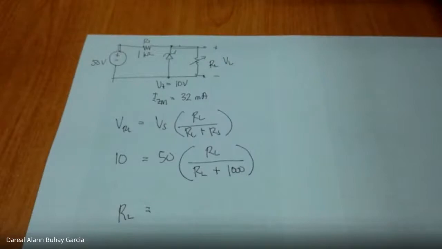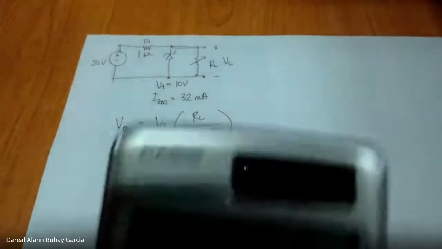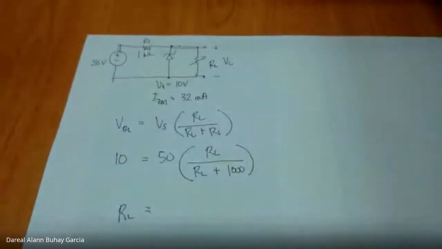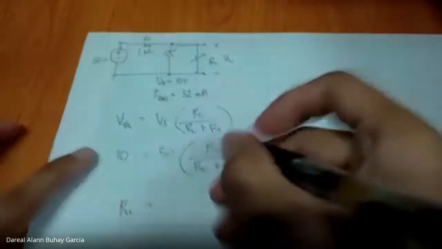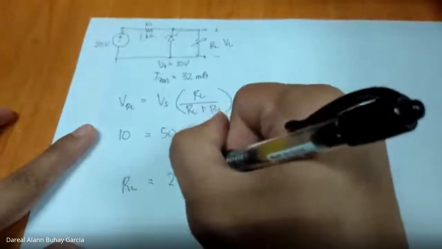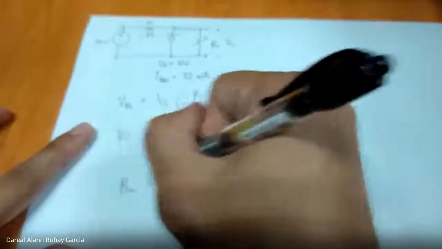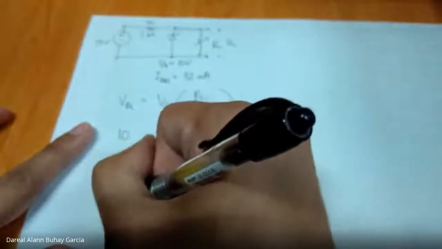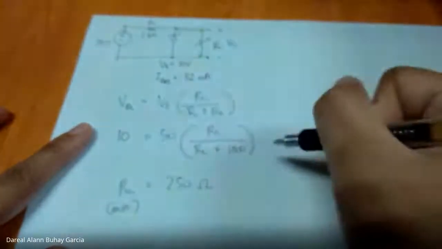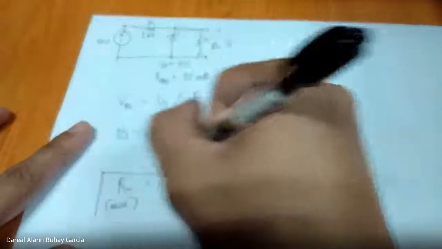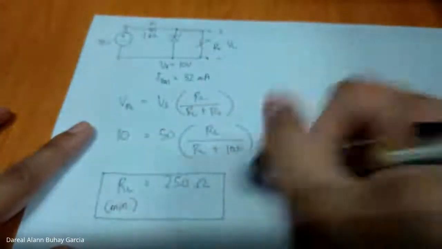Shift solve. So 250 ohms. So this is the minimum value for RL to turn on our Zener diode.